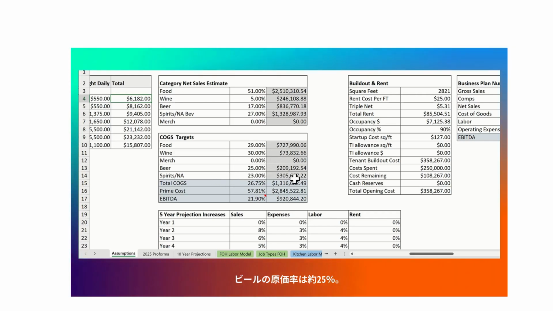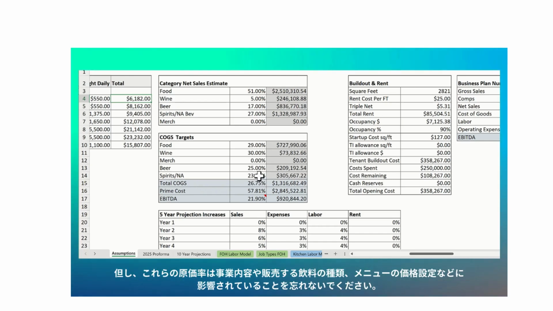Our beer cost of goods is hovering around 25%, and our spirits and NA Bev is about 23%. Again, depending on your business, your product mix, the type of beverages you're selling, and your menu pricing, all of these things weigh into where your cost target should be.